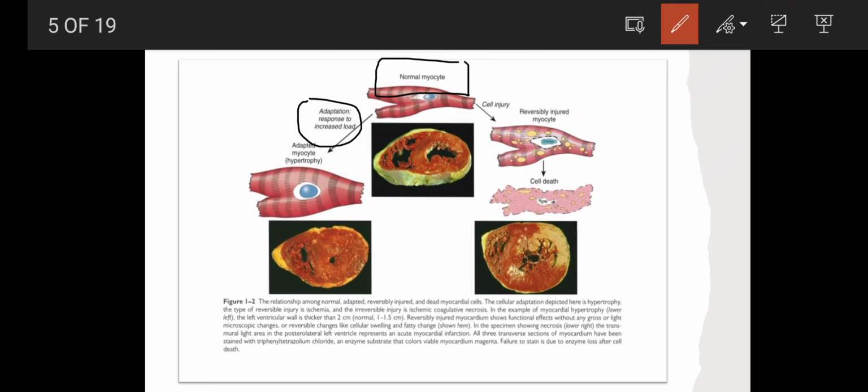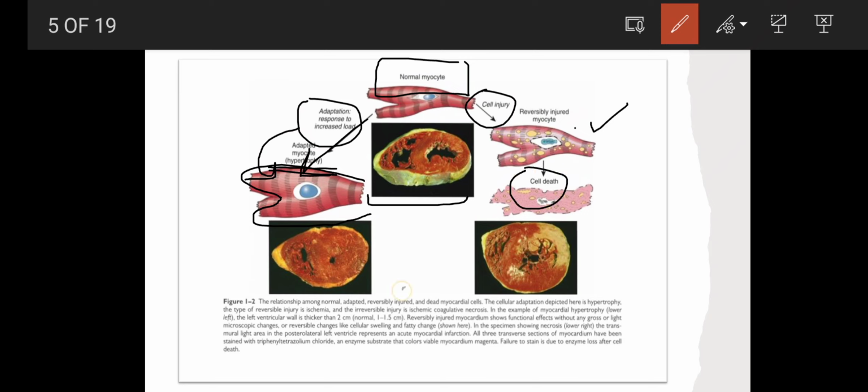The adaptation here is an increase in size, that is the hypertrophy of the myocyte. When injury happens to this normal myocyte, if the injury is mild or it has the ability to revert back, it will have reversible injury. But sometimes when the severity of injury is greater, it will undergo cell death.